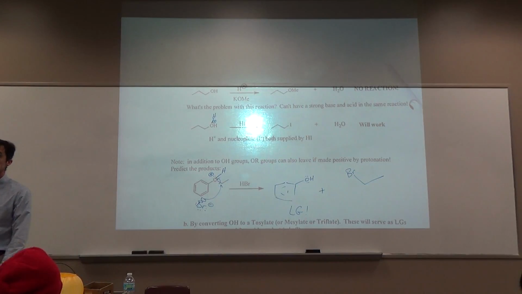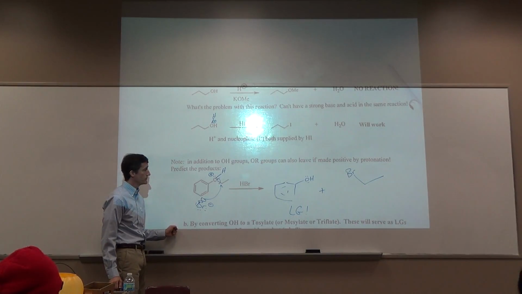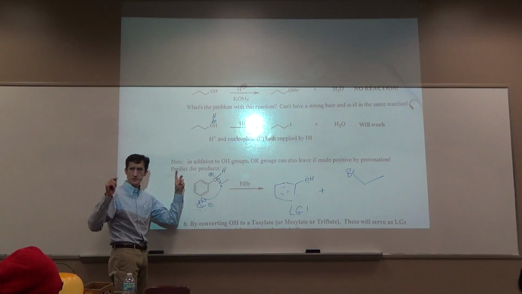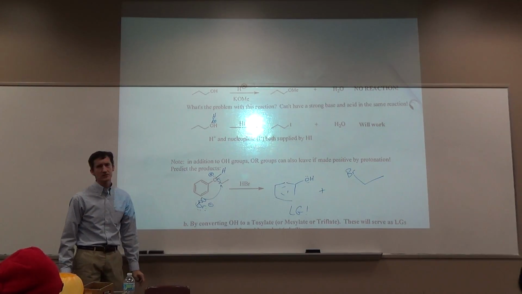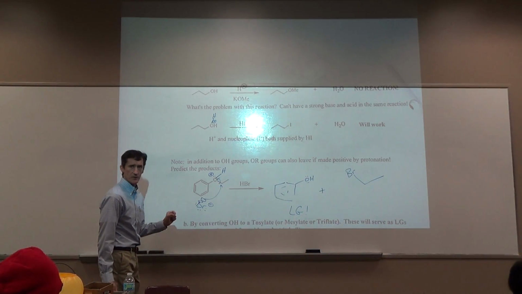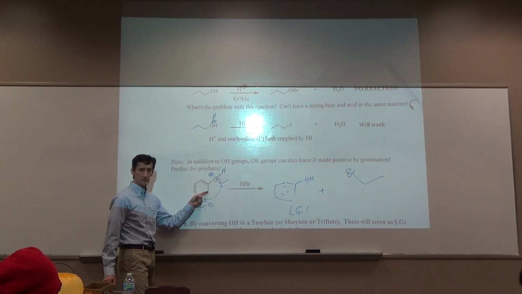Hope you can see that. Now, one or two said attack the tertiary carbon. First off, that's not a tertiary carbon. A tertiary carbon is attached to how many other carbons? Three. This carbon's only attached to two.